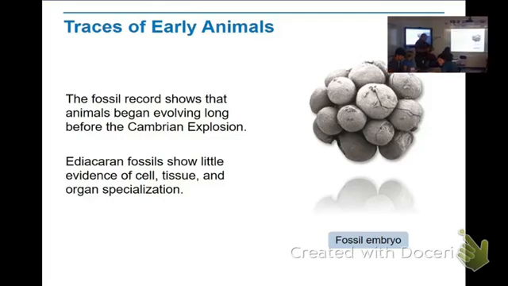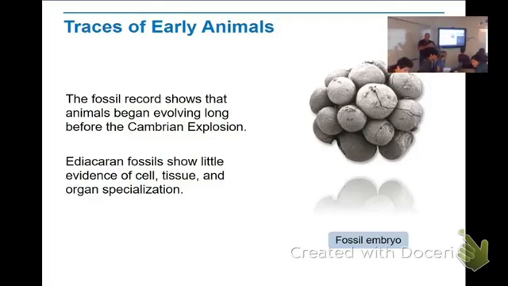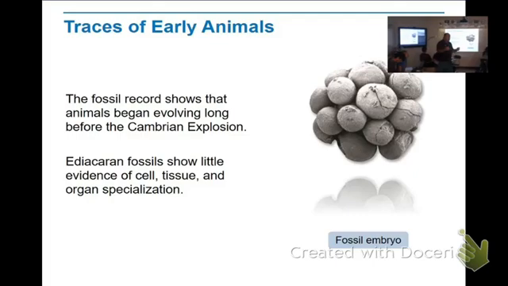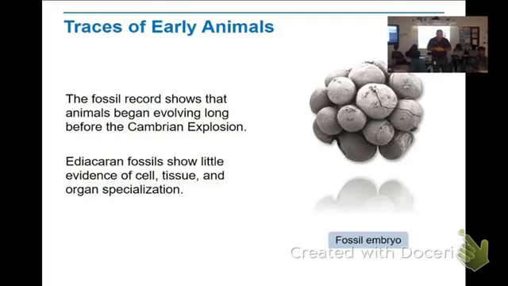Okay? Well, another time period is called the Cambrian. And that Cambrian explosion, it doesn't mean that that's the only time that all of these species came into existence, but it means that in the Cambrian time period, lots of new species, fossils, have been found.